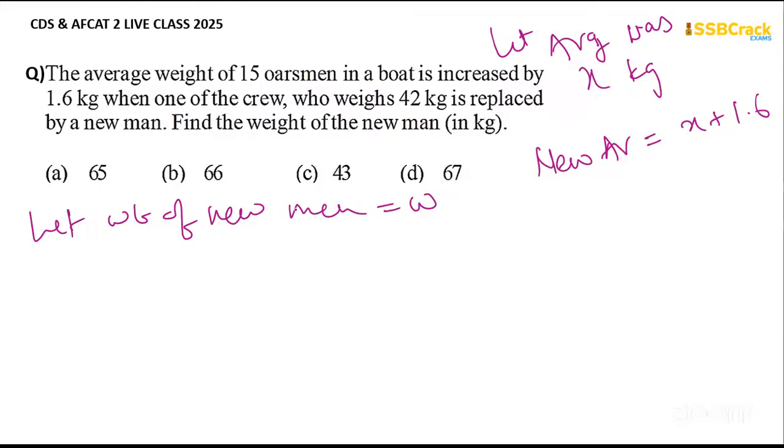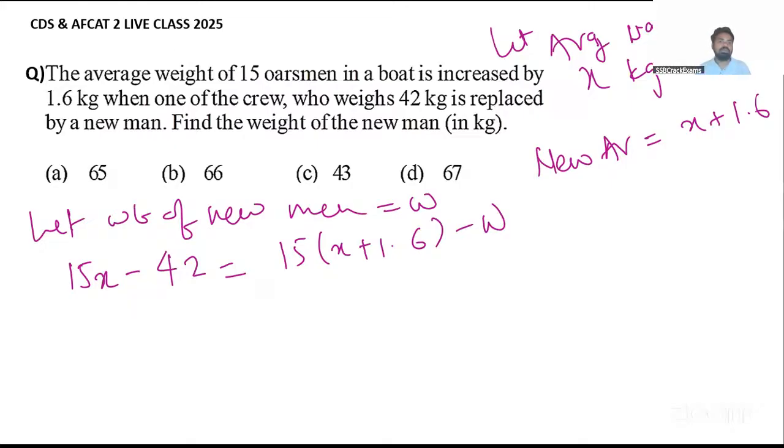Okay. So according to the question, initially there were 15 men, so the complete weight is 15x, and one is removed, which is equal to 15 times (x plus 1.6) minus W. The initial total weight was 15x because the average was x. We removed one person. Now the new average weight is x plus 1.6, into 15.